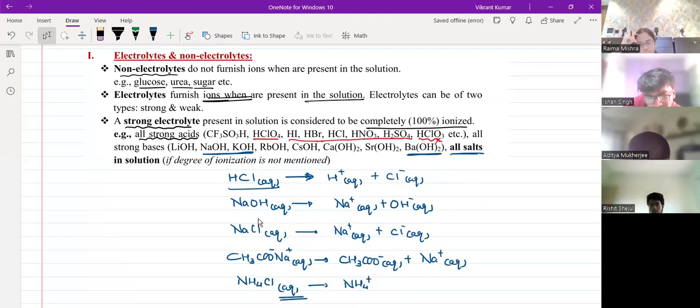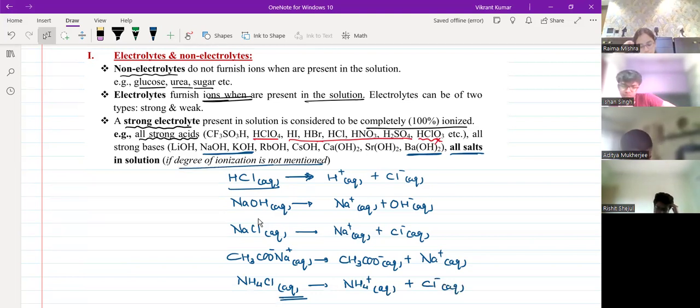Whatever is in solution, उसकी bracket में देखो aqueous I am writing है ना. So if anything is written with aqueous, it means it is in solution. So in solution, all the salts, if nothing is mentioned about the degree of ionization, we consider all the salts to be strong electrolyte. So these are salts in solution.